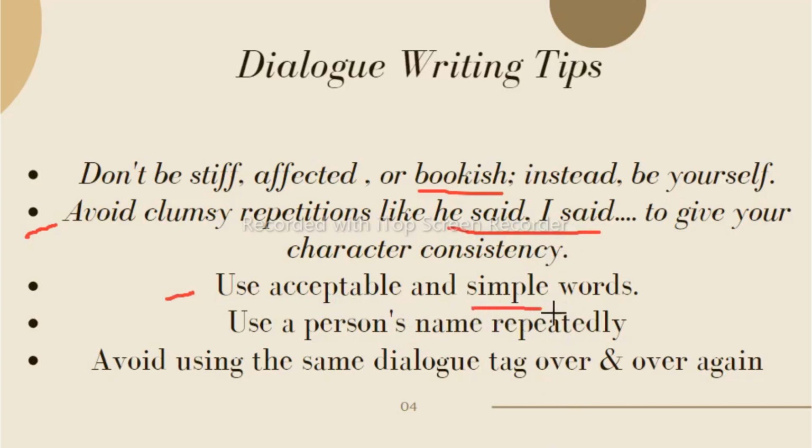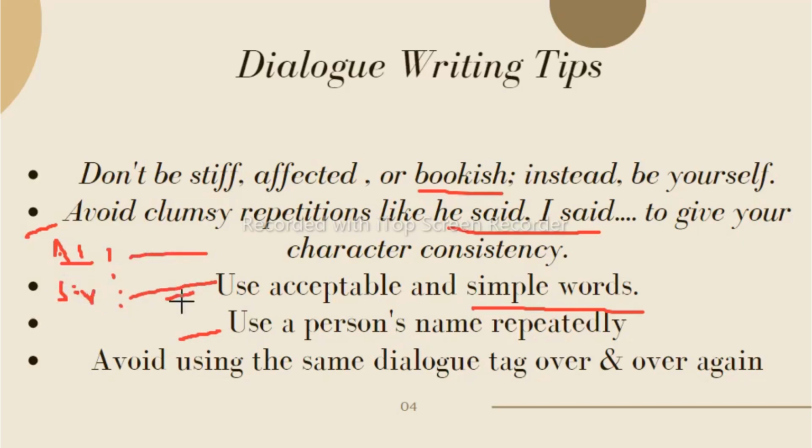Simple words you have to use, it is a normal conversation, so use simple words here. And here use a person's name repeatedly, which means, suppose if an accountant is there, you have to write the accountant, then he will greet the sir first. Then the manager or sir will reply to that accountant's greeting.